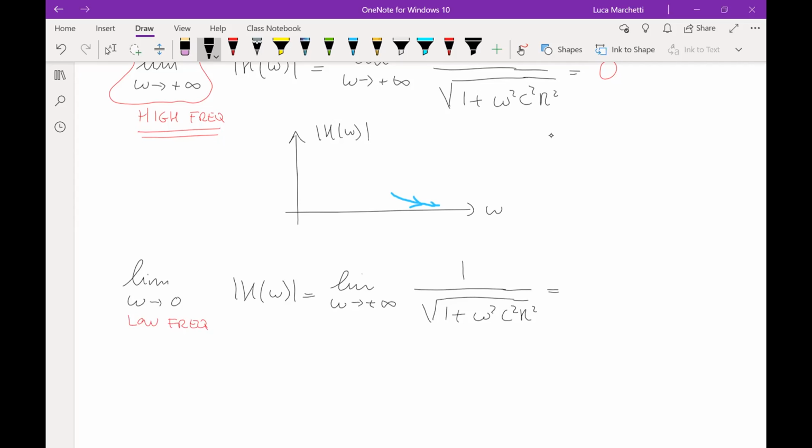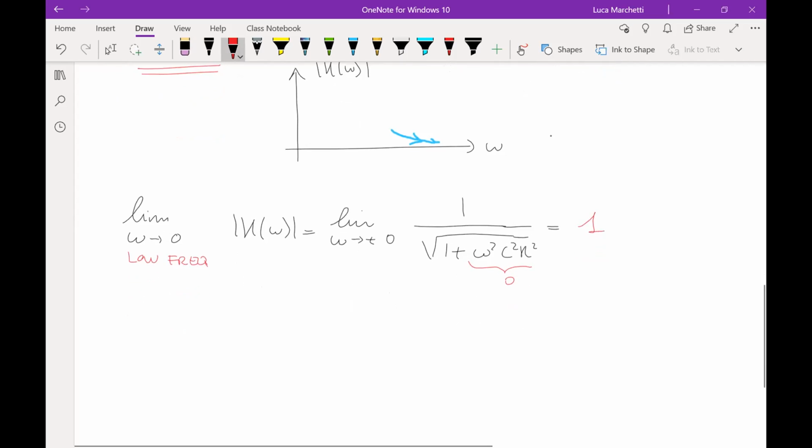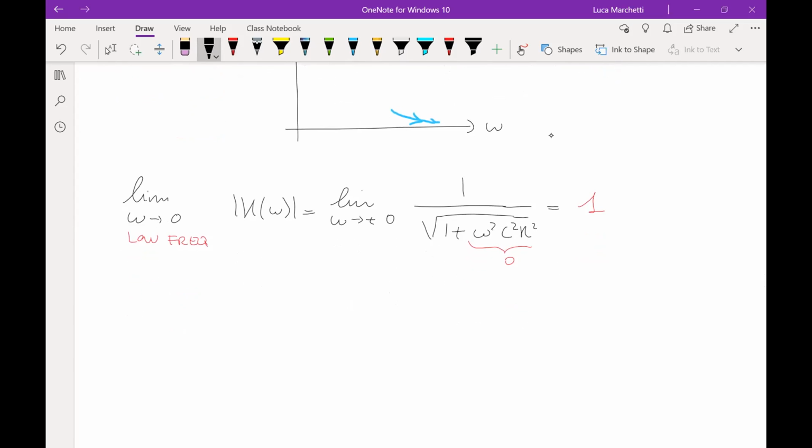Again, this is pretty trivial. If omega goes to 0, this term here goes to 0. So 1 plus 0 is 1. Square root of 1 is 1. So 1 divided by 1 is 1. So this one goes to 1.